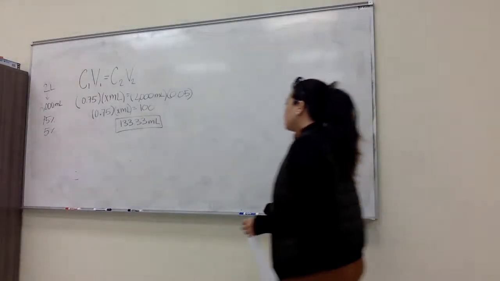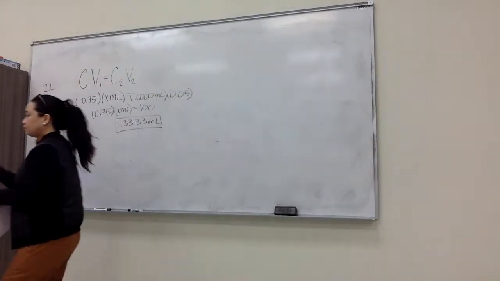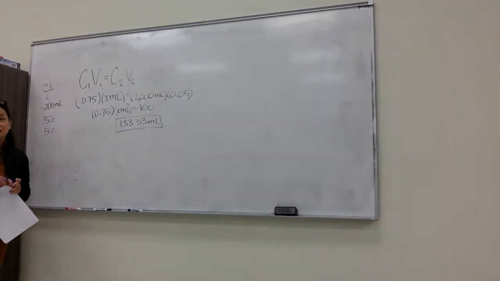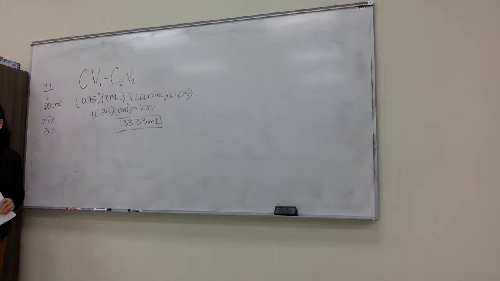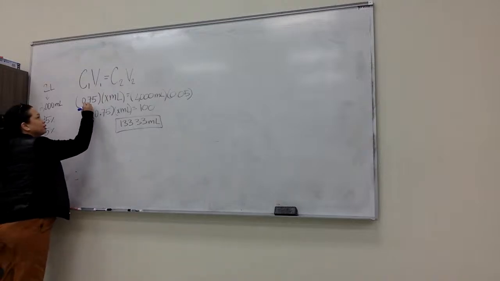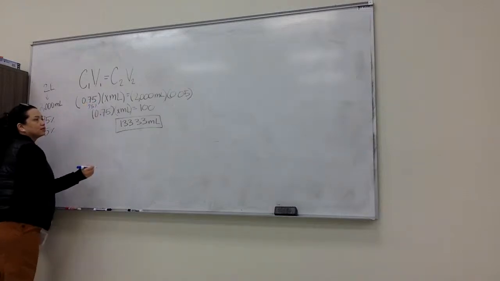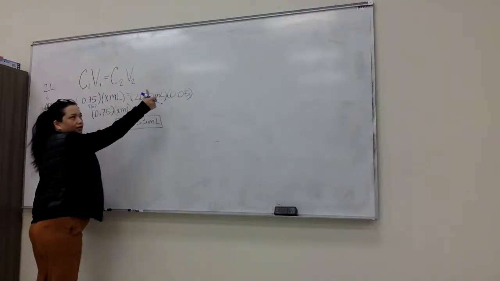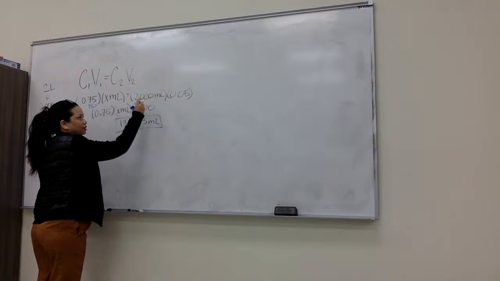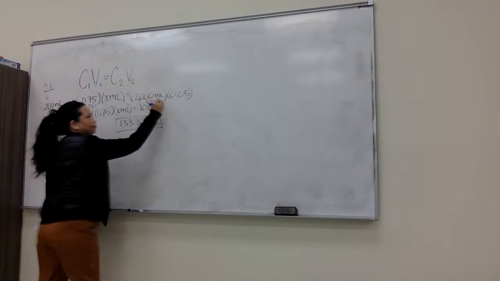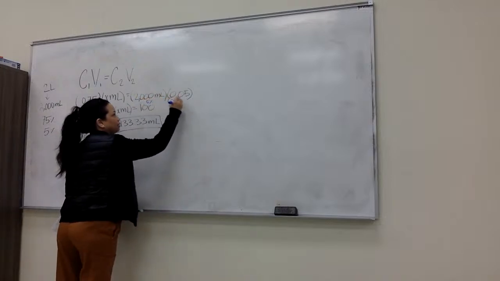Here's a couple of things I'd like to tell you though. You don't have to convert your percent to decimal when you're doing C1V1 equals C2V2. So this can be 75%. But so you're not confused, you can flip-flop this: 5% and 2,000 ml.